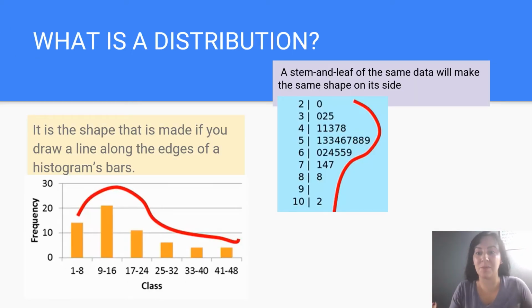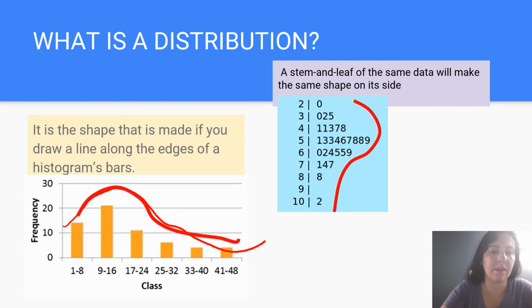So what is a distribution? It's the shape that is made when you draw a line against all of the edges of the histogram bars. So this is the distribution. We're going to see how that can show you what is going on with the data.